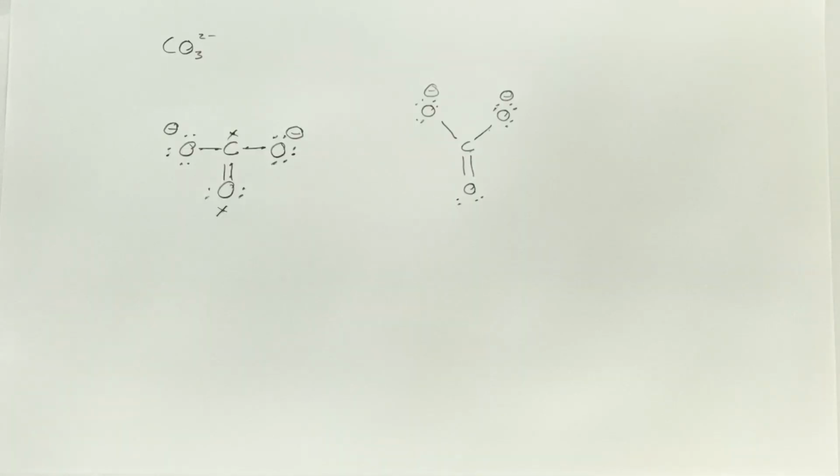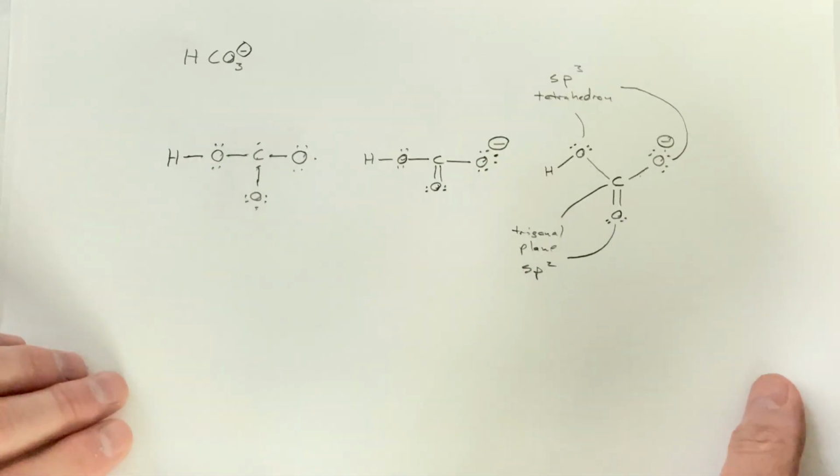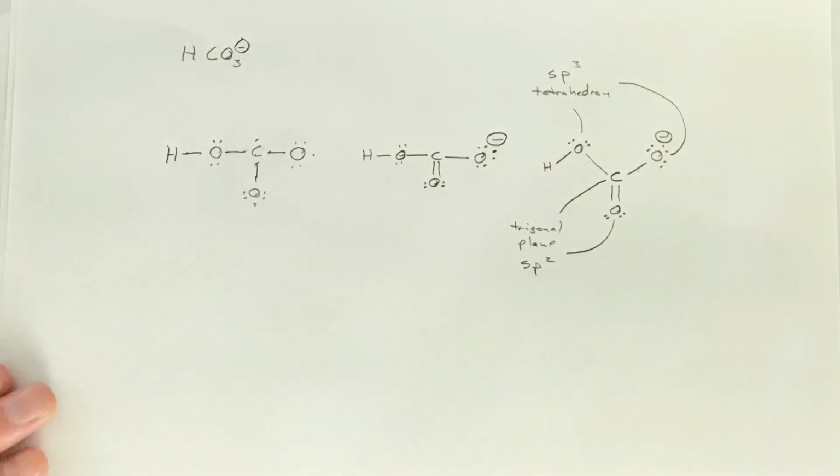So formal charge does not necessarily represent the electronic state of an atom. Formal charge, again, is just an accounting where we say, okay, on that particular atom, how many electrons am I saying are on that atom in my Lewis structure as compared to the number of protons? So let's go back to our bicarbonate and look at the concept of formal charge.